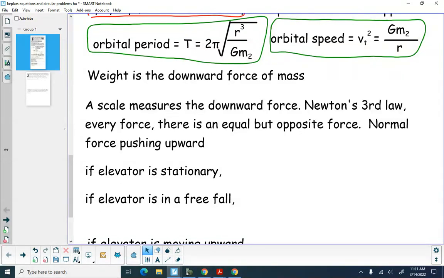For every force, there's an equal but opposite force.